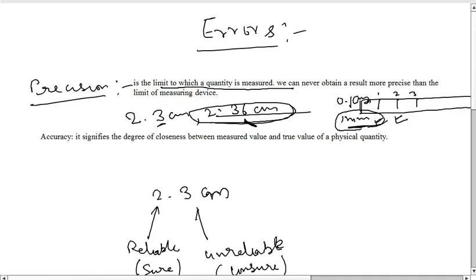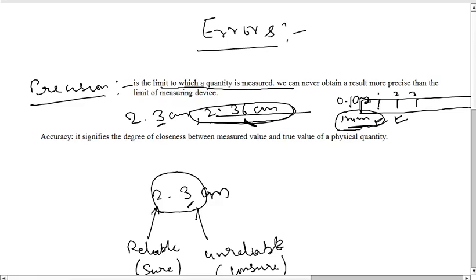Because we are measuring the length as 2.3 centimeter, it means it is up to 3 mm, but we are not sure about it because our length can be 0.35 millimeter, but since our scale cannot measure below 1 millimeter, we are stuck up to here only. So 2 becomes a reliable digit or sure digit, and this last digit becomes an unreliable digit.